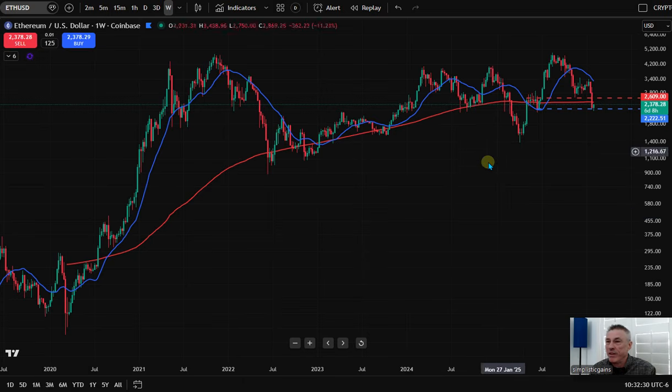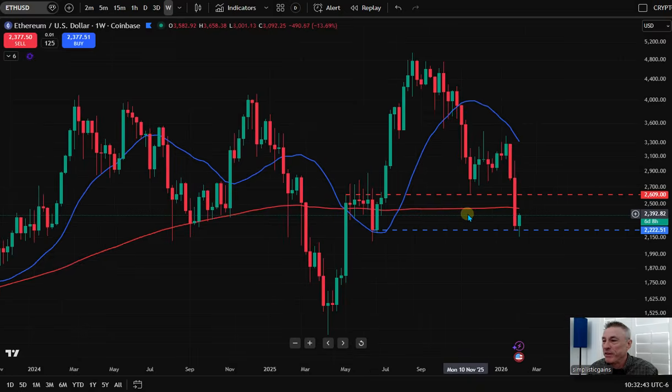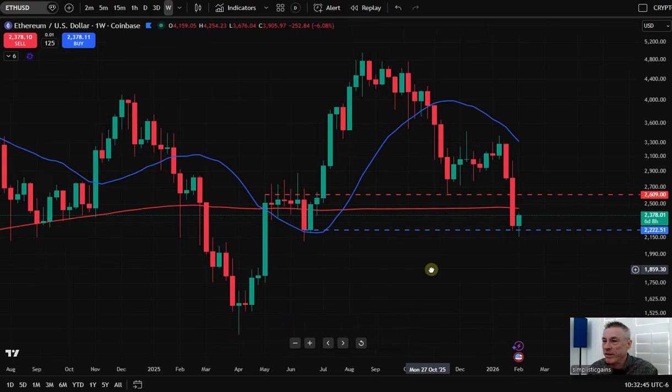And the chart is not that corrected yet or that damaged yet. Okay, so let me pull this in here so you can actually see something, and we'll go over it. All right.